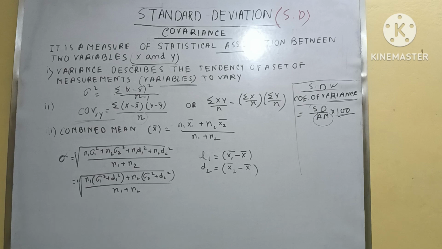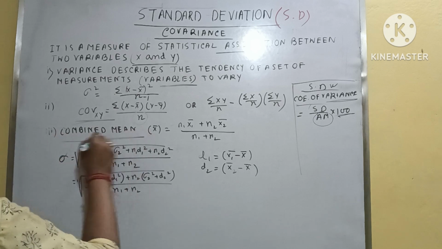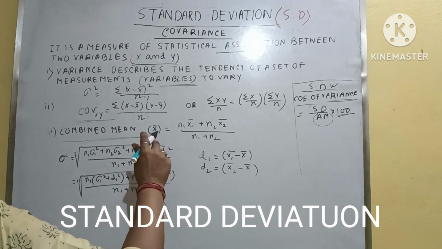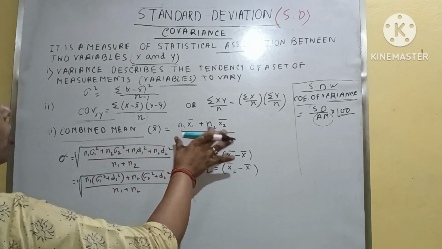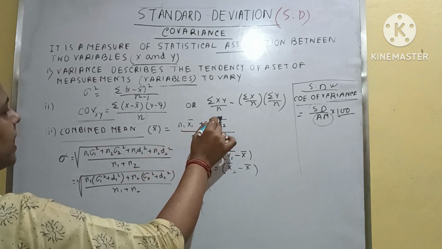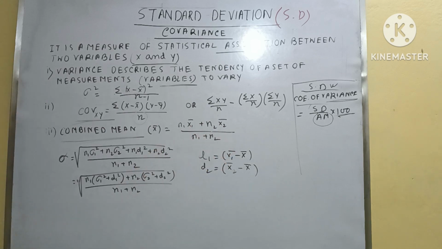And in case of combined mean, how to calculate the combined mean? It follows this formula: n1 into x1 bar plus n2 into x2 bar by n1 plus n2.